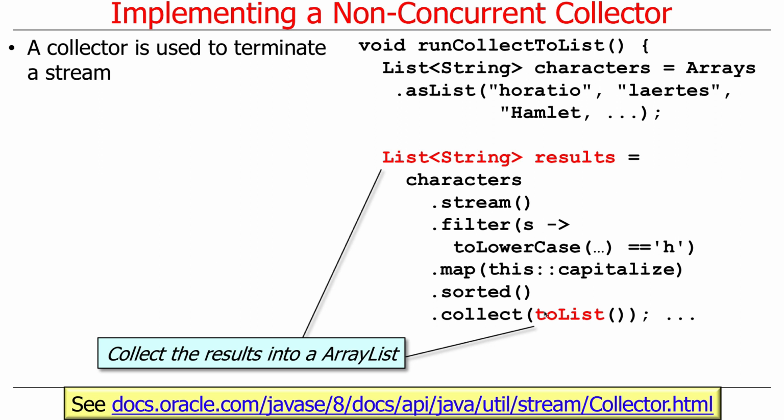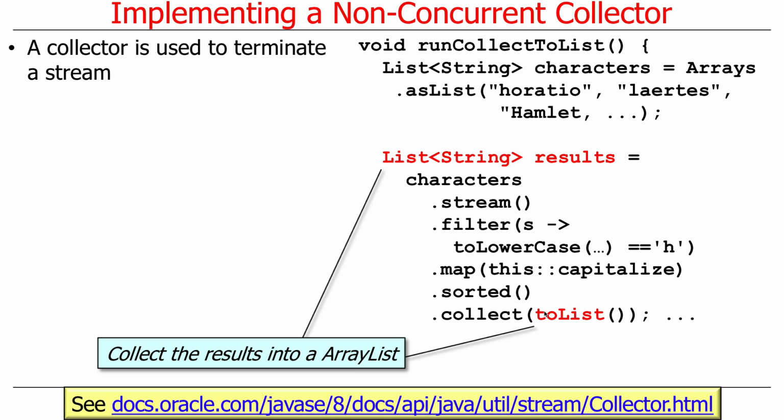So just to reiterate what I said before, remember a collector, like a collector that collects things into a list, is used to terminate a stream. And remember that collect does two things. First, it triggers all the intermediate operations to run, so they do their thing.